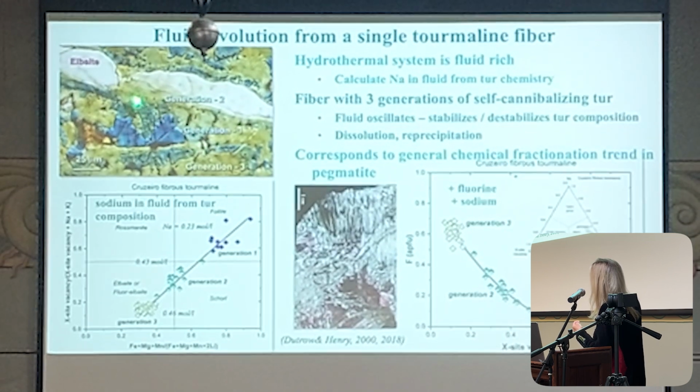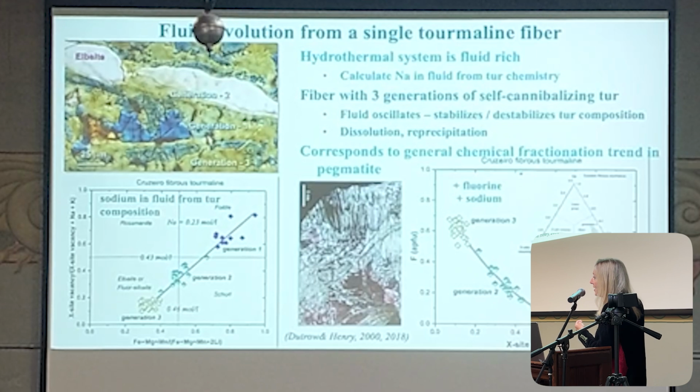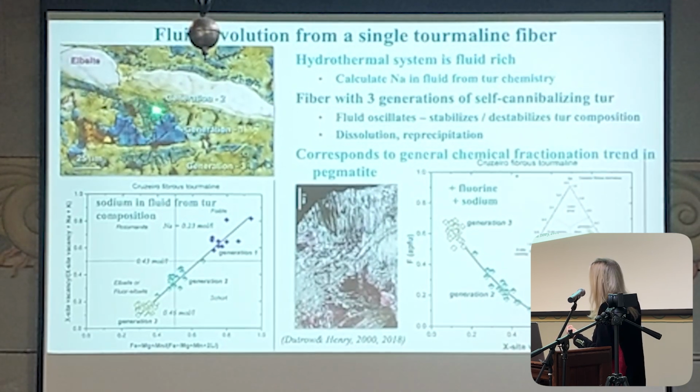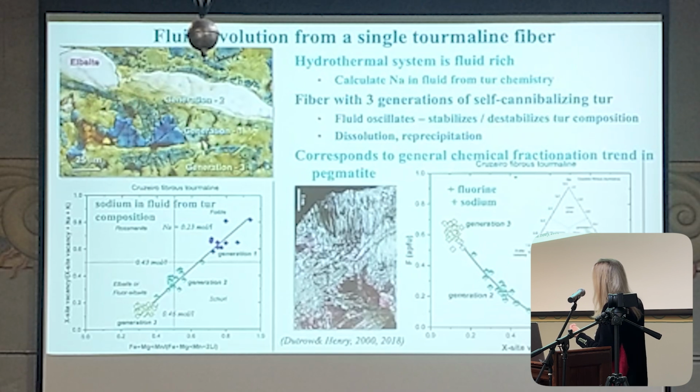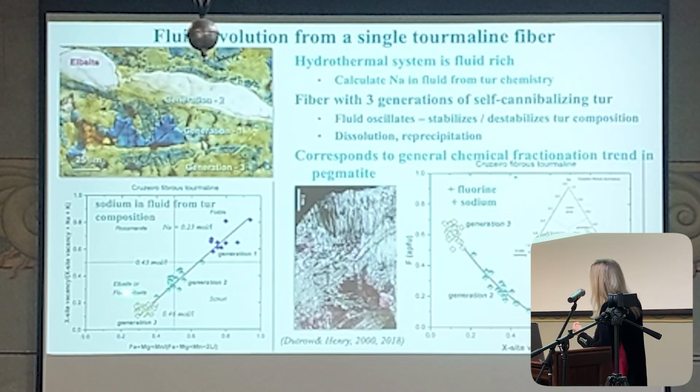Then it dissolved, and we know that it dissolved by this very scalloped outline to it. It then regrew with a second generation of tourmaline that's slightly lighter blue. It has more sodium because more sodium was in the fluid. And then the third generation has even more sodium, and that's represented by this dark green layer.